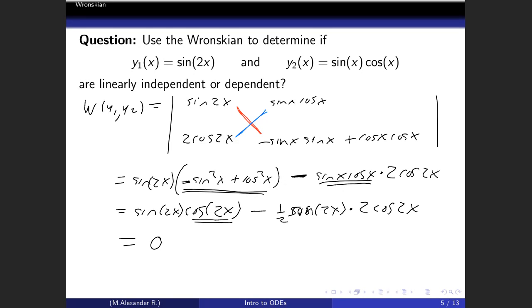That means that y1, y2 are linearly dependent. The Wronskian is always equal to 0. So the calculation takes a while, and we have to do a little bit of calculus and a little bit of trig algebra, but this is actually better than trying to look at the formulas that we had in the previous video.